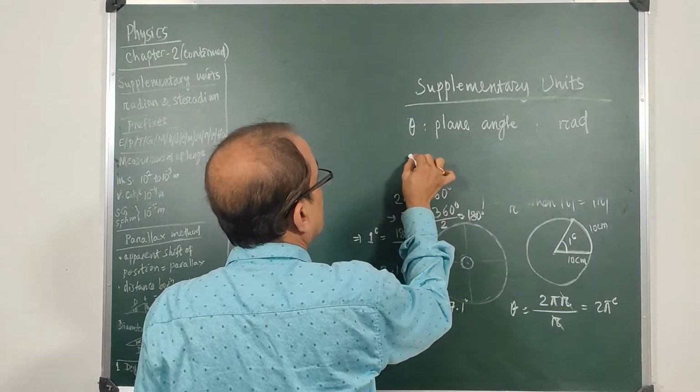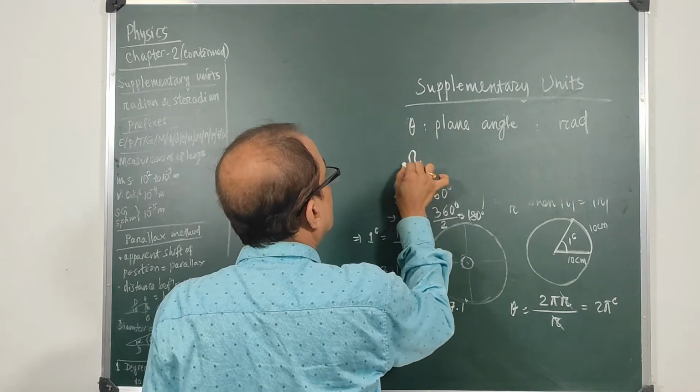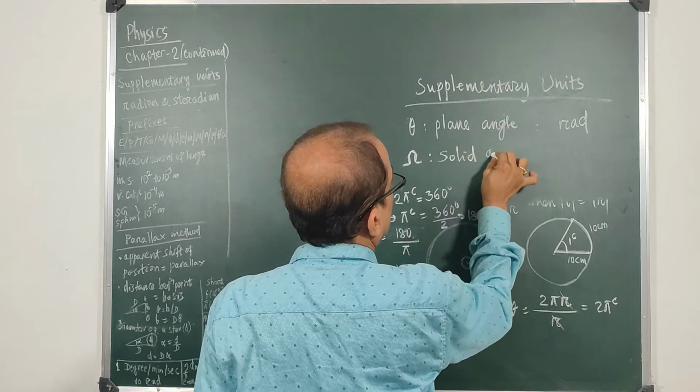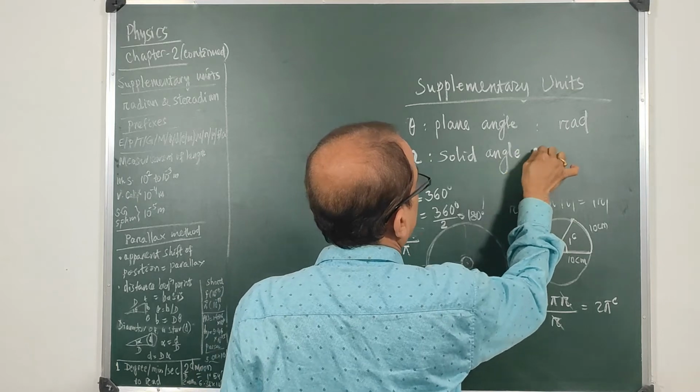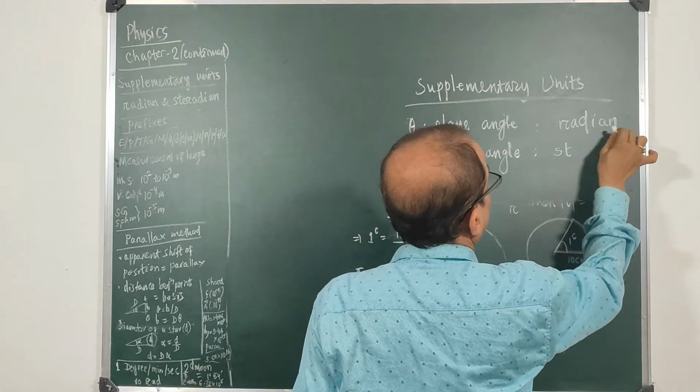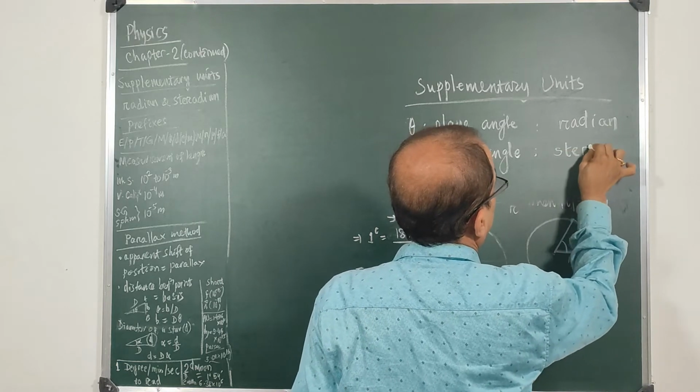Next comes the solid angle. Solid angle is measured in steradians. This is radian and this is steradian.